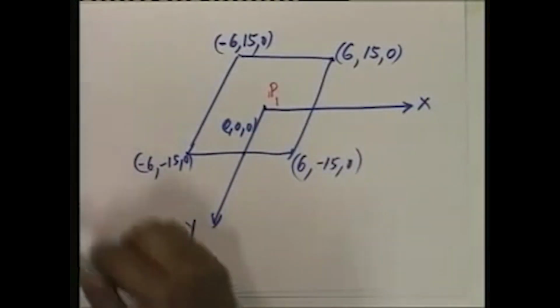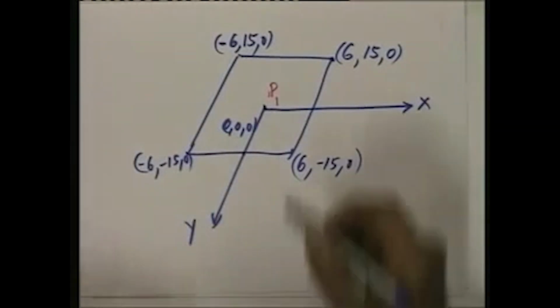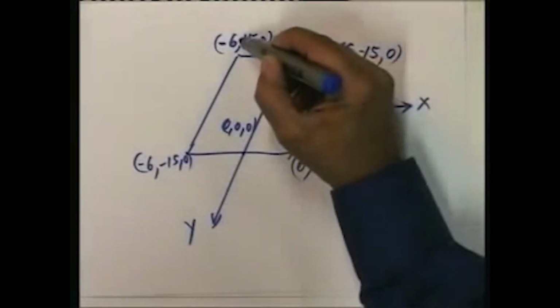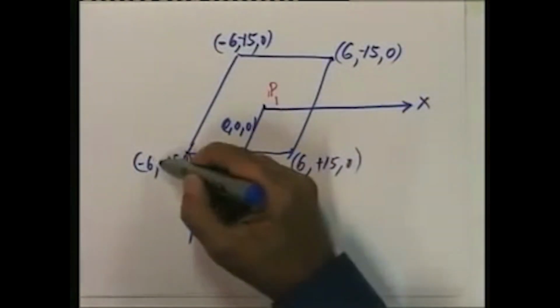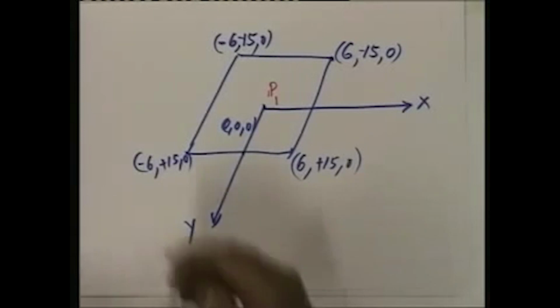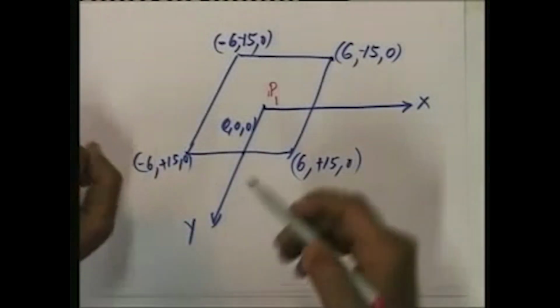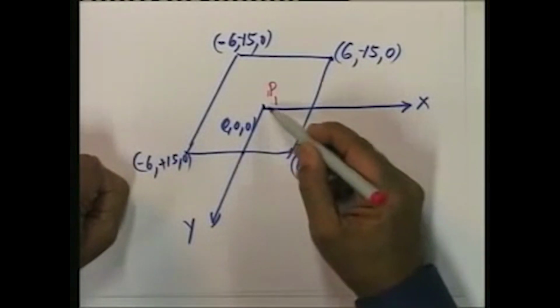Let me just make a small correction. The y coordinate is positive in this direction and therefore this will be minus, this will be minus, these two will be plus. With this correction, point 2, P2, will lie at 0, 15, 6.